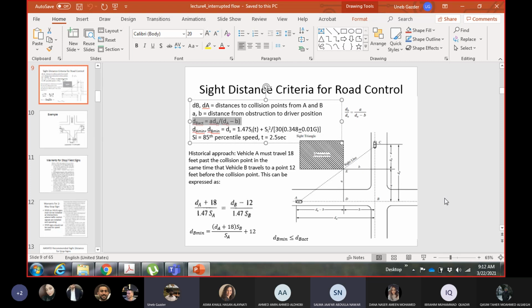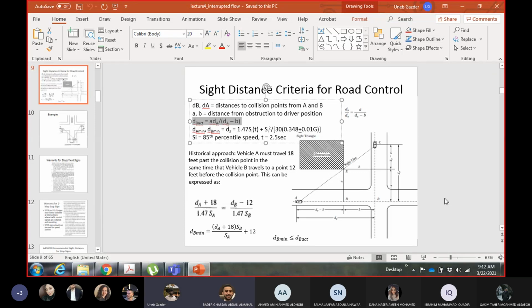Yes, go ahead. No, I mean what parameter is it? A means what? This is which distance, from what to what? The distance to the side obstacle of the road.